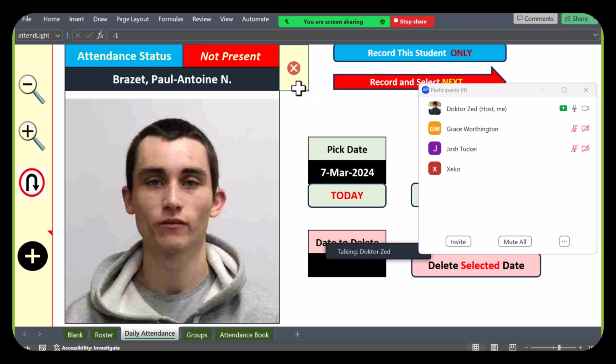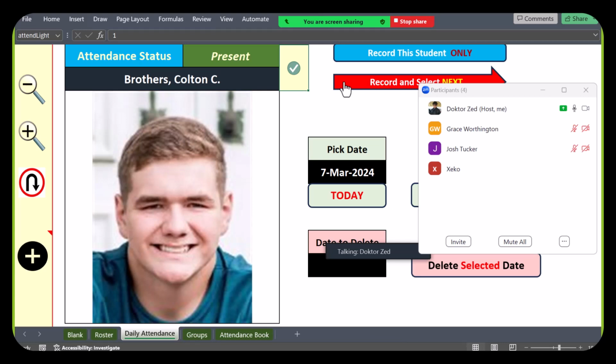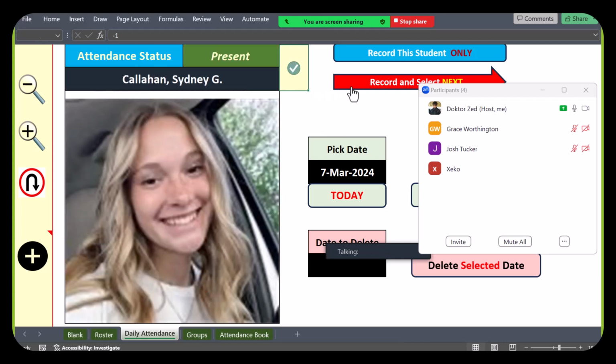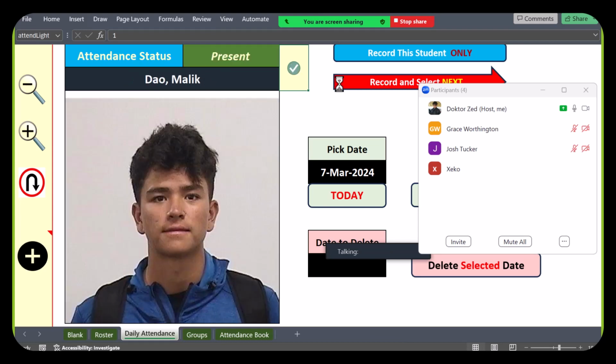Oh, they have a tennis thing. Brockman, brothers, Colton brothers, Callahan, Ashlyn, Dow.